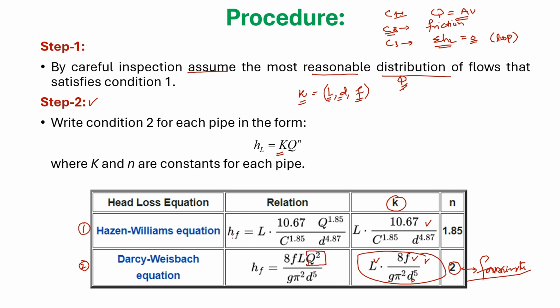And in the Hazen-Williams equation, HF is related to discharge with a power of 1.85. So in the Hazen-Williams equation, N is 1.85, but in the case of the Darcy-Weisbach equation, it is 2 for turbulent flow.